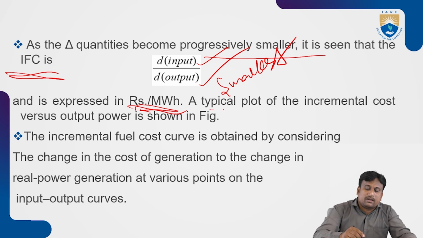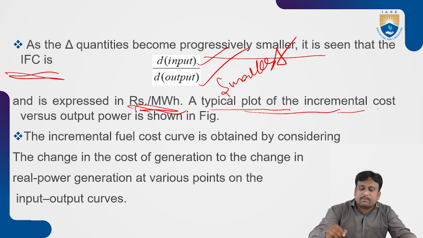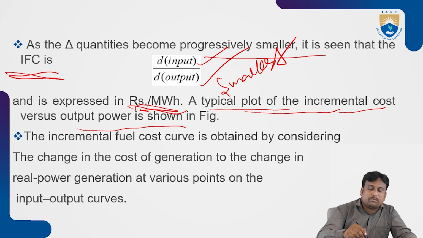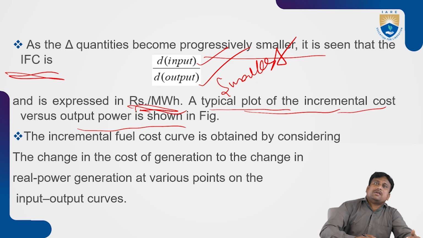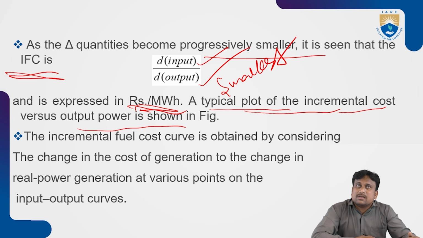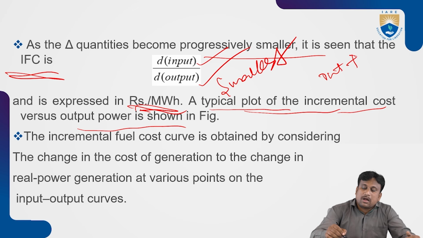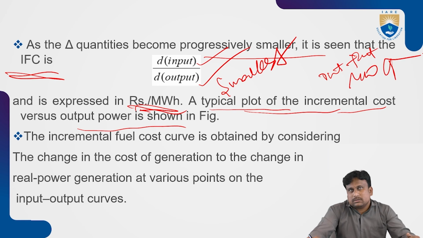So here we will draw a typical plot of the incremental cost versus output power, which shows that when the fuel consumption for the input section of the power system network increases, the output in megawatts may also increase.